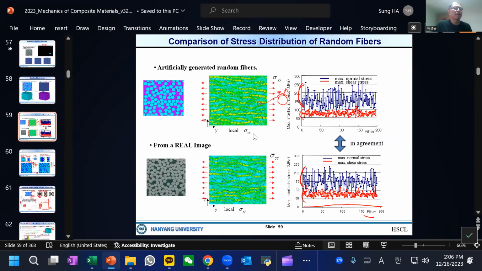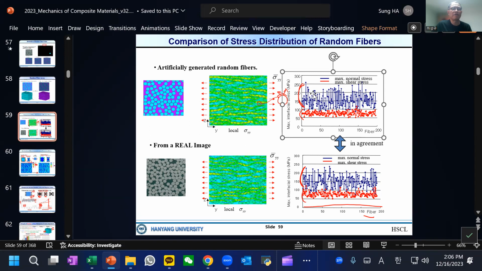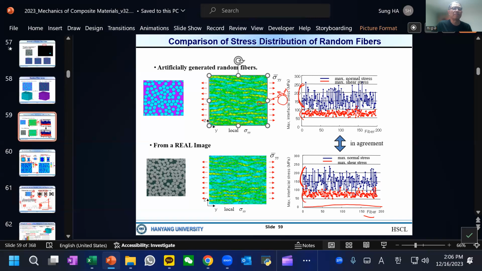And then we applied the transverse load, got all the stress distribution, and checked between the fiber and resin system, and then we plotted the stresses, maximum normal stress and maximum shear stress. This is from a computer random generation, and this is a real image.